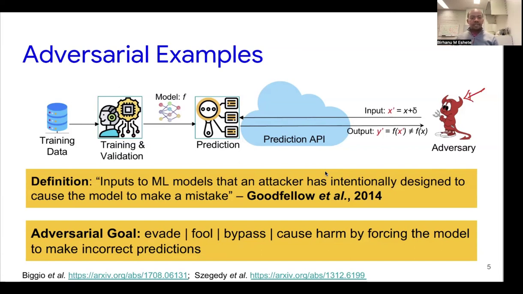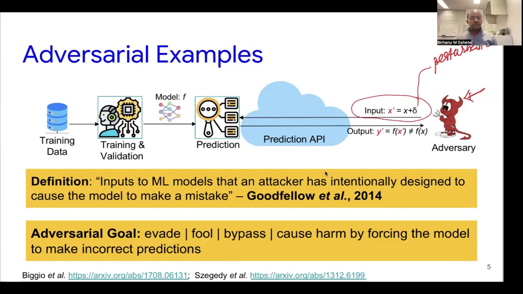But in general, adversarial examples are defined as inputs to machine learning models that an attacker has intentionally crafted to make sure that the adversarial example fools the model or the model makes a mistake. So over here, what you see is for an input X, the adversary is going to add this perturbation delta. So this is what we call perturbation or adversarial perturbation, which for now you could perceive as just some manipulation of the input. Of course, this is not a random manipulation.